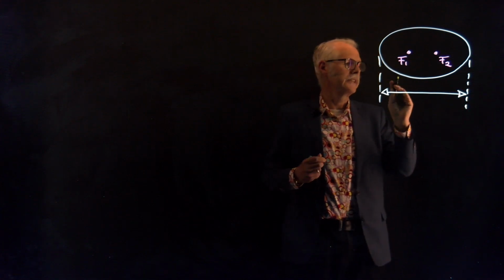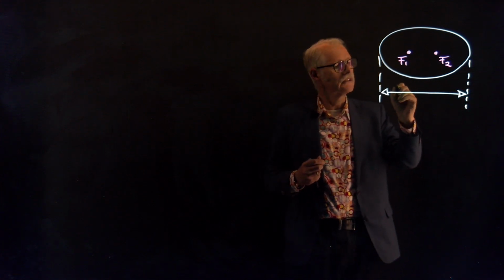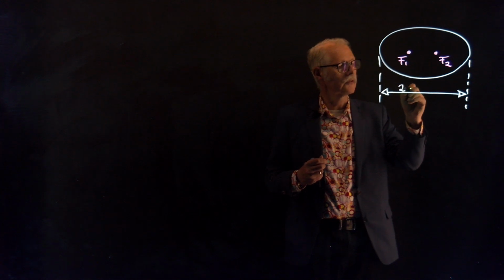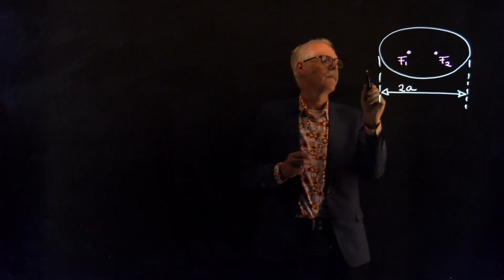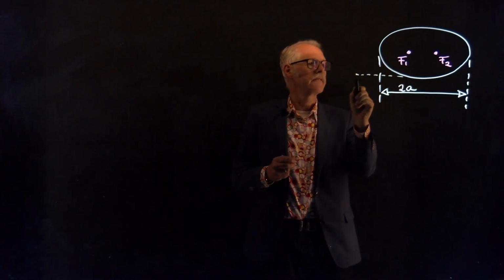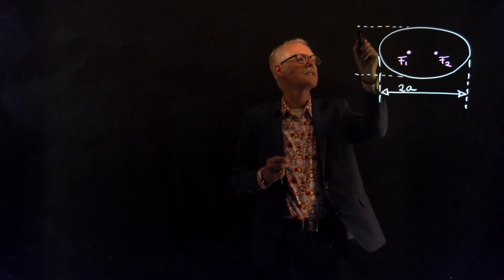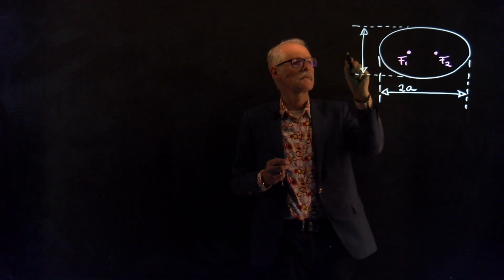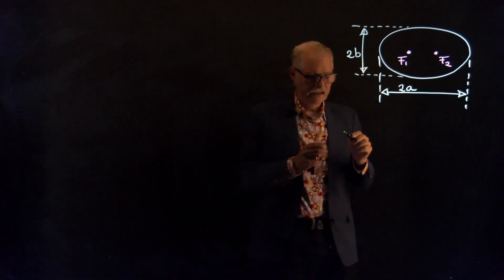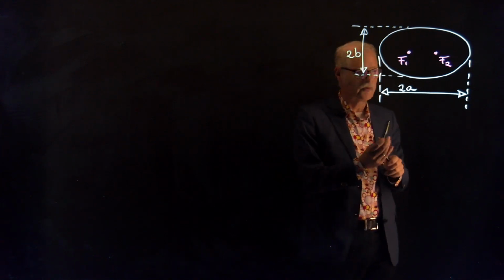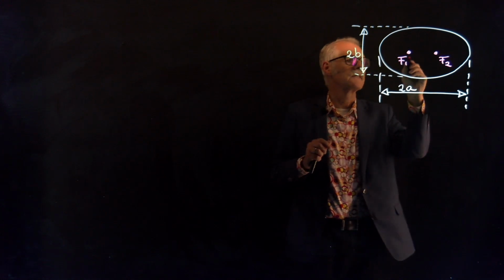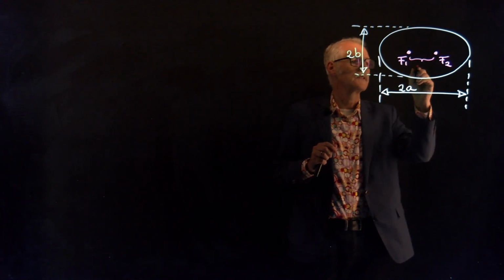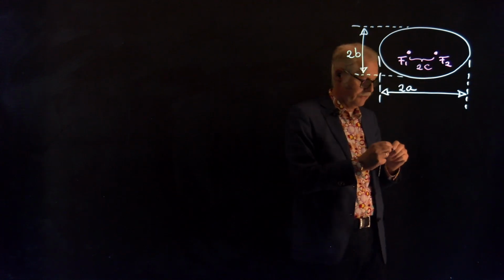So a is like a radius, except for the fact that the radius is not constant. You have to work with two radiuses, because we also have the short axis, which we say to be 2b. And then the distance between those focus points, that's 2c. So these are the numbers which characterize the ellipse.